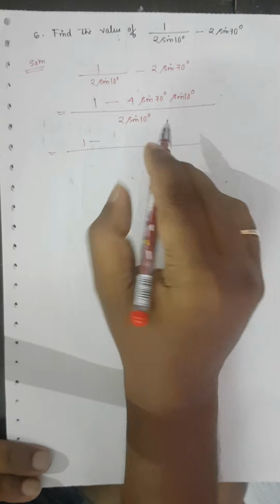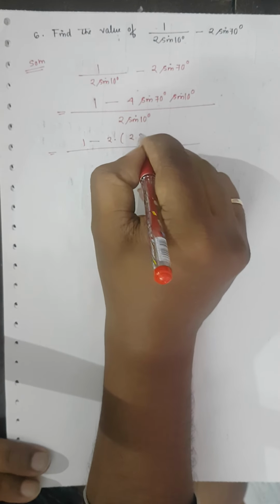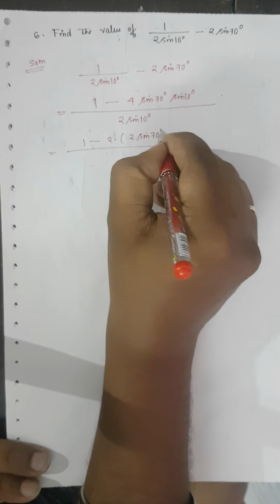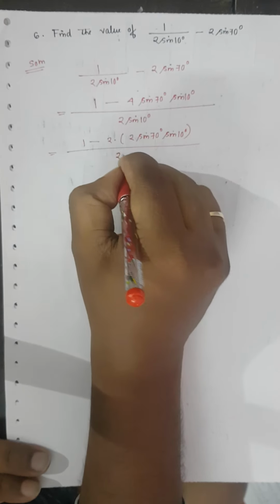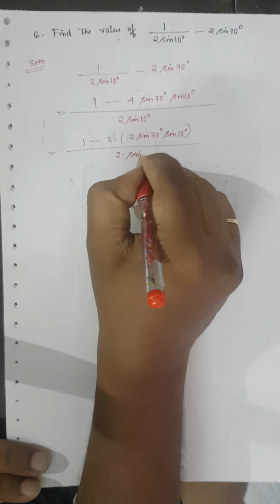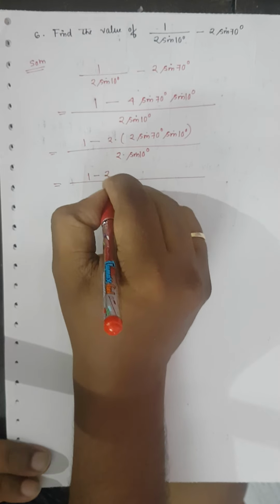1 minus, what is 4? 4 is equal to 2 into twice sine 70 degree into sine 10 degree by 2 sine 10 degree. 1 minus twice.